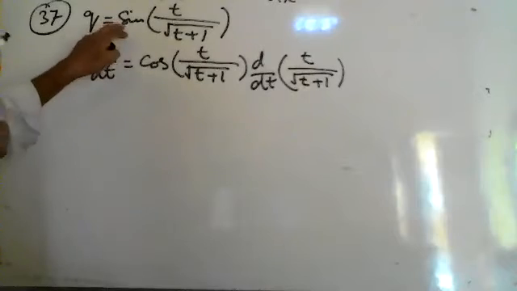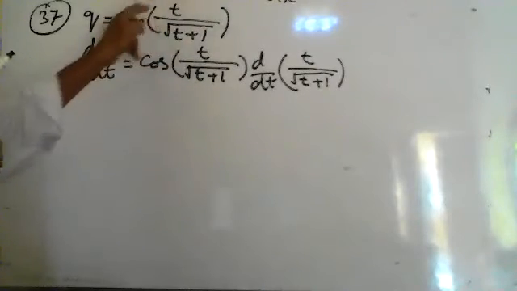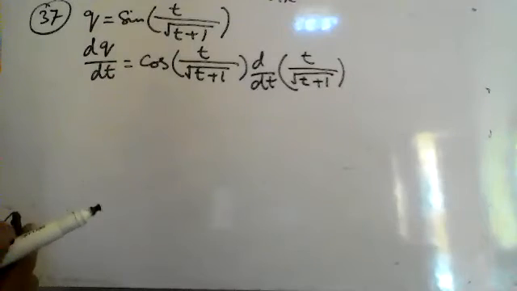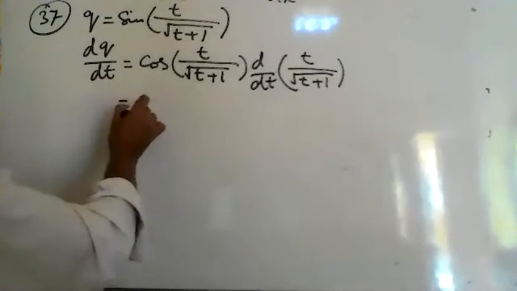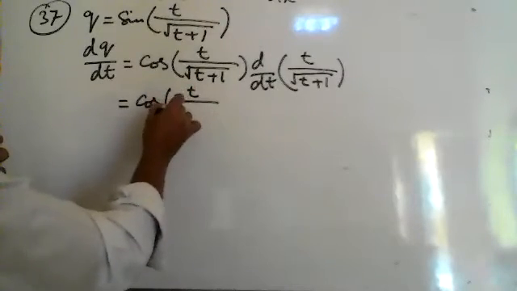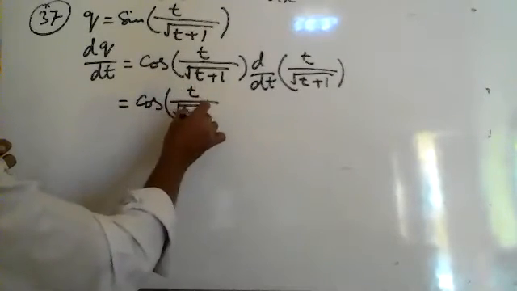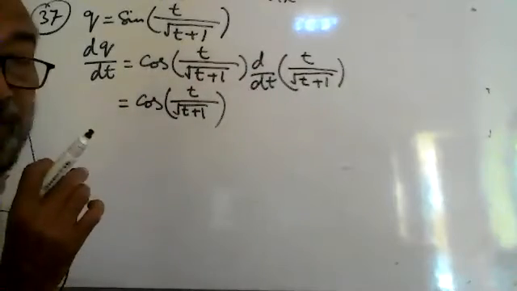First we found the derivative of sine, that is cos, and then we find the derivative inside. So here this is cos of t upon root t plus 1 into derivative of t upon root t plus 1.